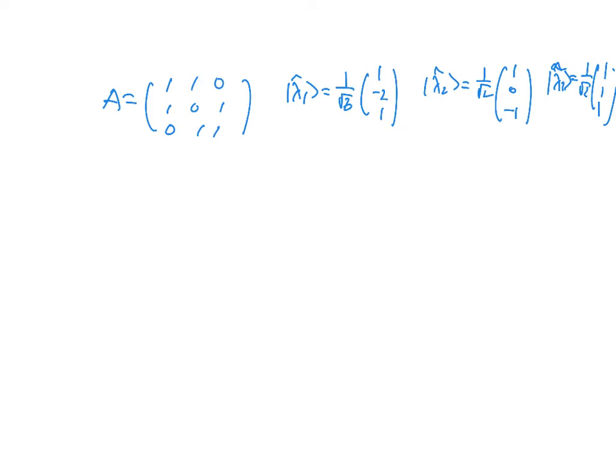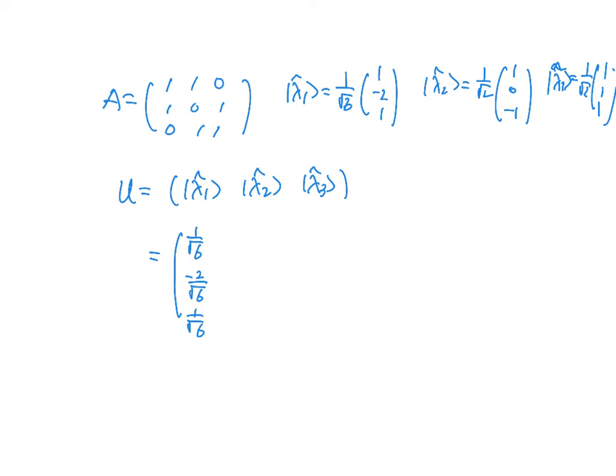So consider this matrix U: square root of 6, minus 2 square root of 6, square root of 6; square root of 2, 0, minus square root of 2; square root of 3, square root of 3, square root of 3, right?